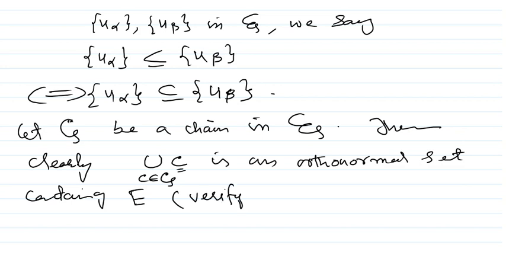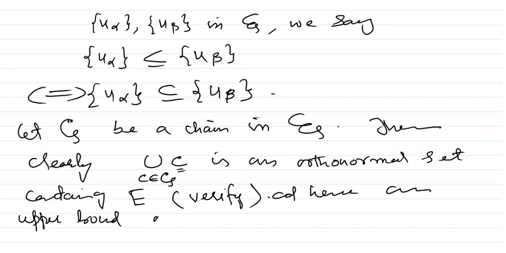It's an orthonormal set, and hence an upper bound. ये इसका upper bound होगा, upper bound of this chain. So thus every chain has an upper bound.